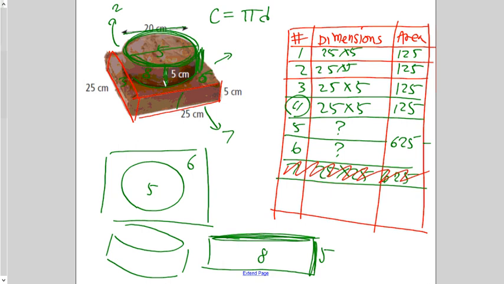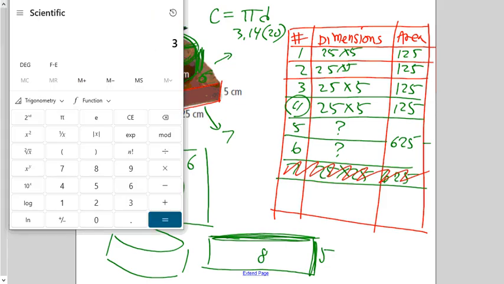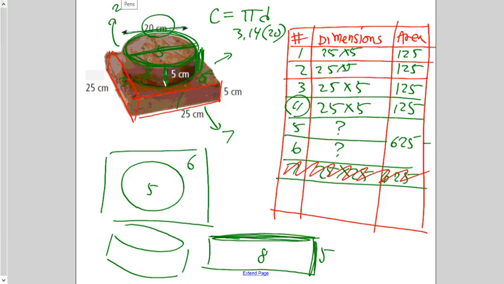So we're going to take pi, which is 3.14, and multiply it by the diameter, which is given as 20. And 3.14 times 20 is 62.8. So the circumference, which is this measurement, is 62.8.